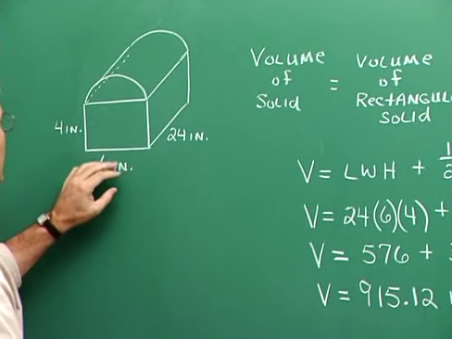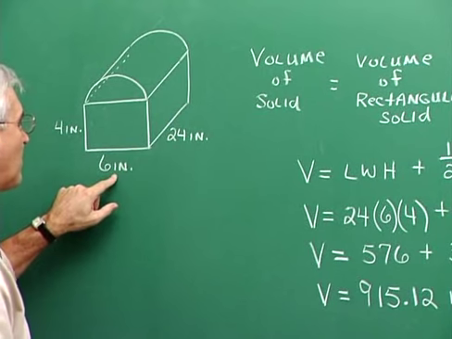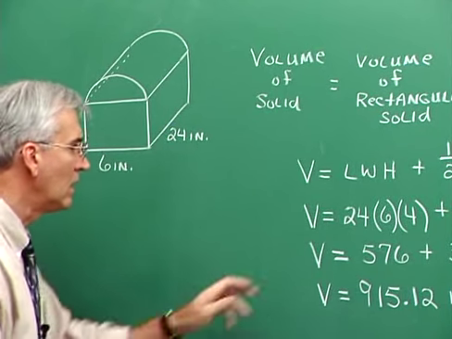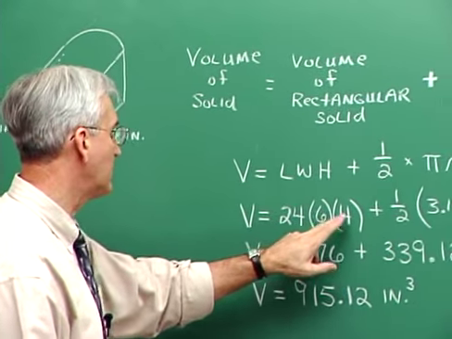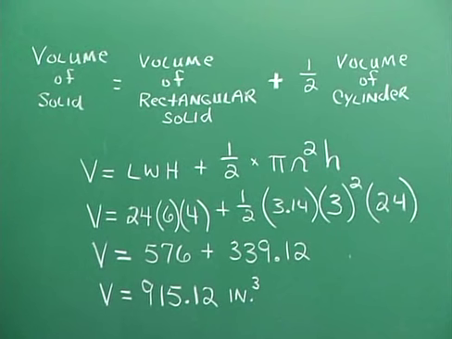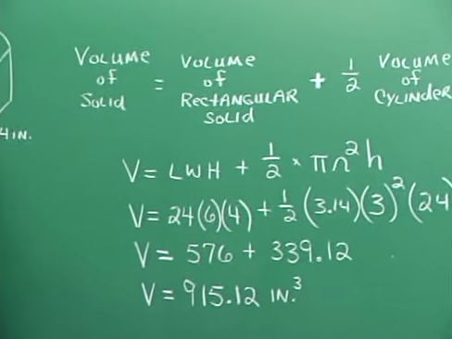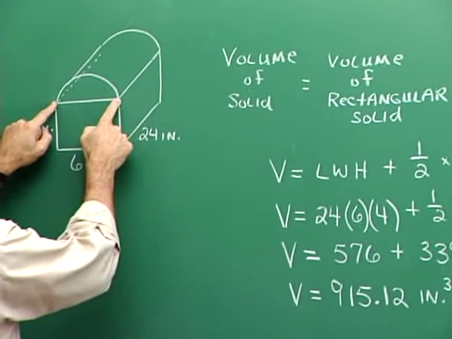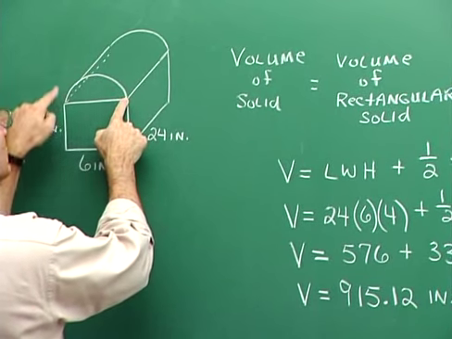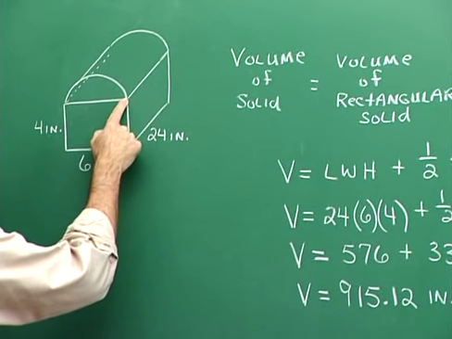You can think of the base as being this 24 by 6, so length, width, height. That's the way I'm looking at it over here. Length is 24, the width is 6, and the height is 4. Now, let's look at the cylindrical part. If this is 6 inches, and then that is 6 inches. But this 6 inches is a diameter for this circular end of our cylinder.